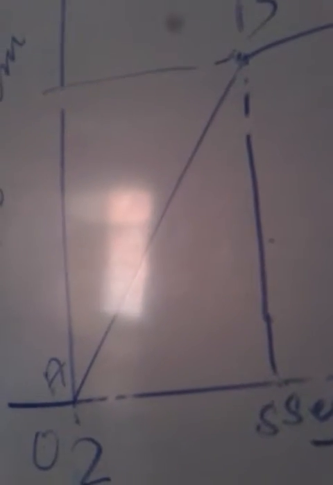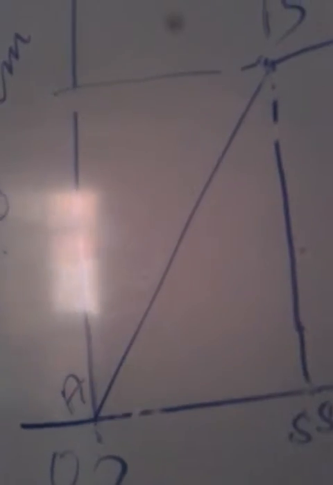But this is a distance time graph, so it gives the speed, distance upon time.